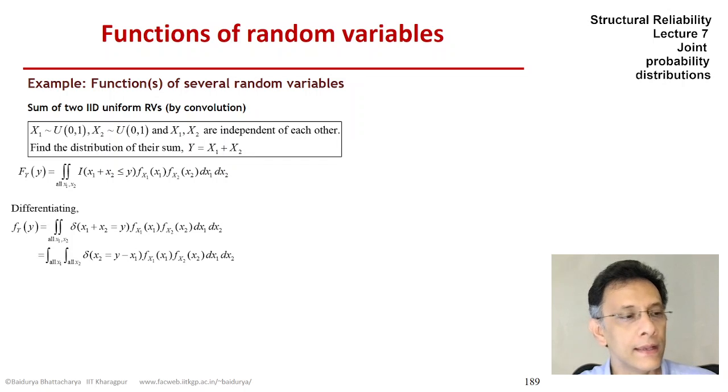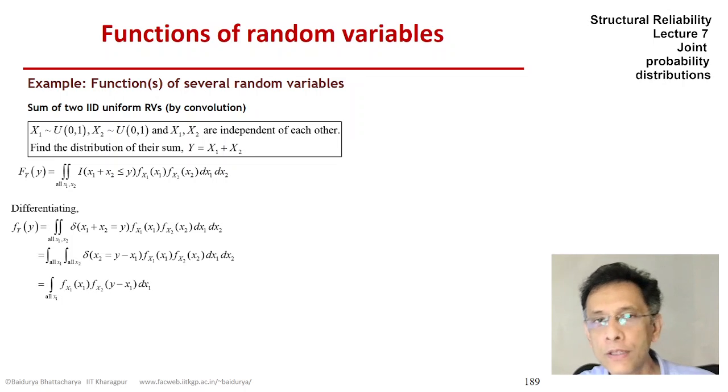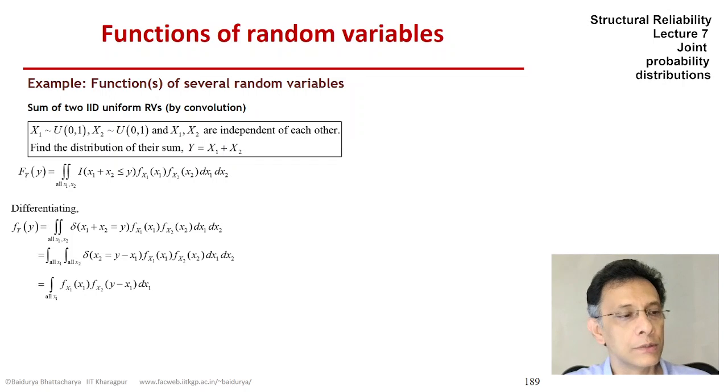If we write it out in terms of x2, then we can get rid of the integration with respect to x2 and end up with a one-dimensional integration involving x1 only. Y is a parameter that's not dependent on x1.